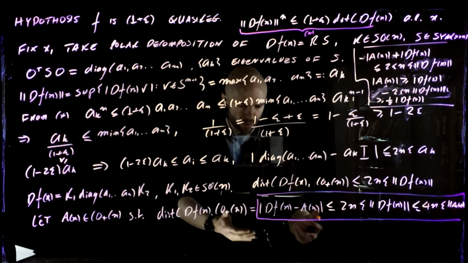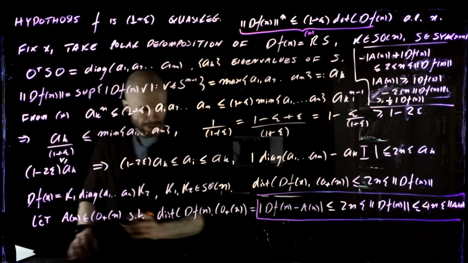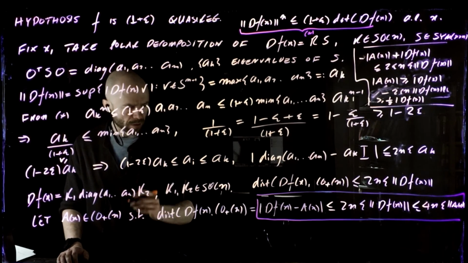All right, so let's rewrite this for the operator norm, first of all, and then let's compose with A to the minus 1 on the left-hand side.